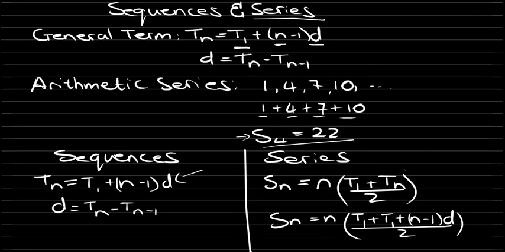Let me write it over here. I'm going to continue over here. We know that Sn equals n times 2T1. Oh, I'm not going to have enough space.